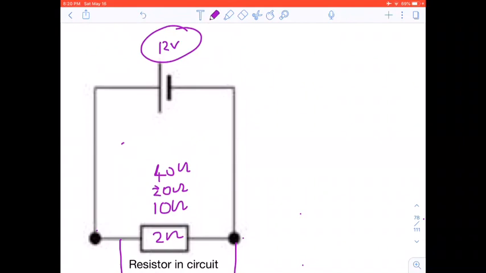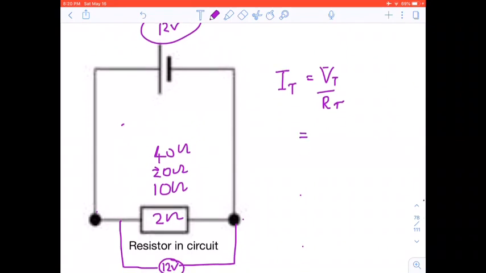And if we now want to work out what the current in this particular circuit is, we say I total is equal to V total upon R total. Here V total is the voltage of the cell, which is 12 volts, divided by 2 ohms. It means the current in this circuit is 6 amps.